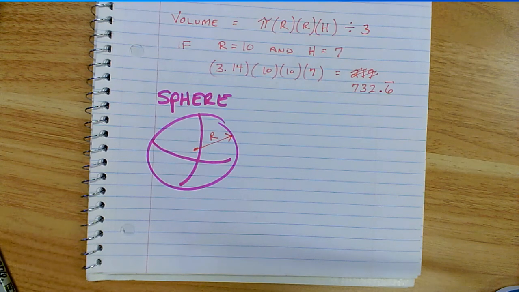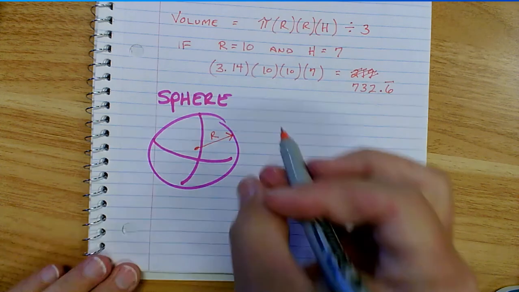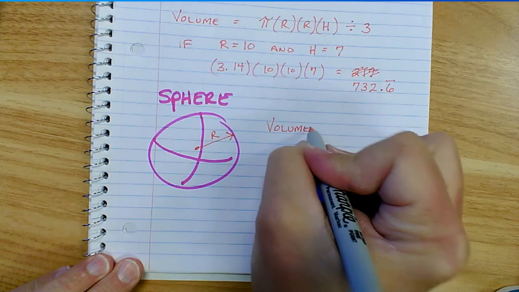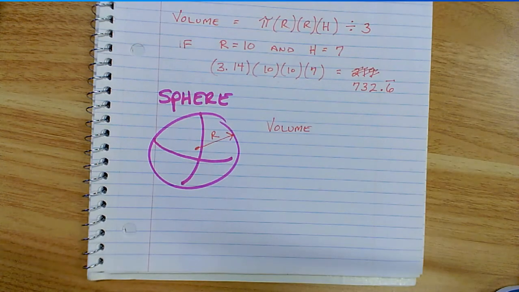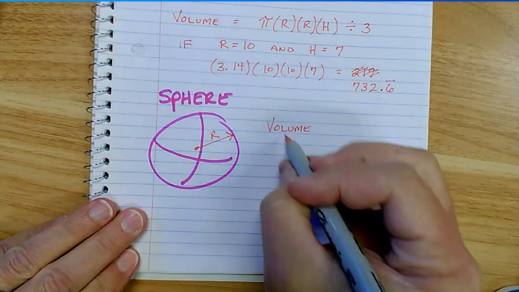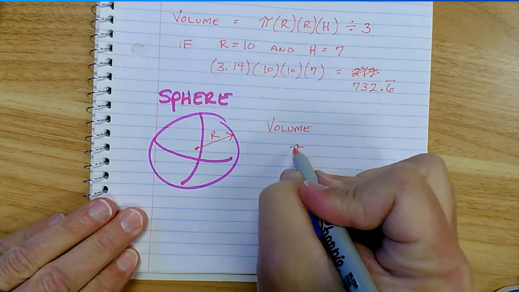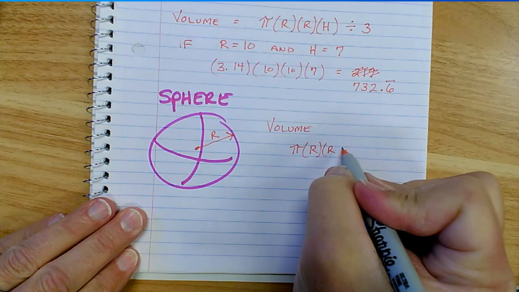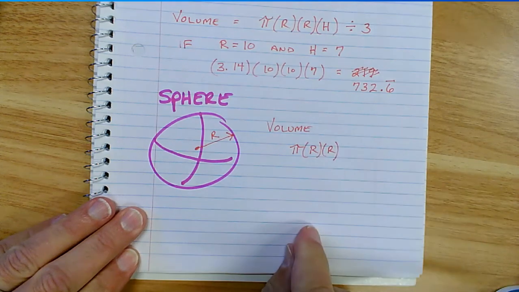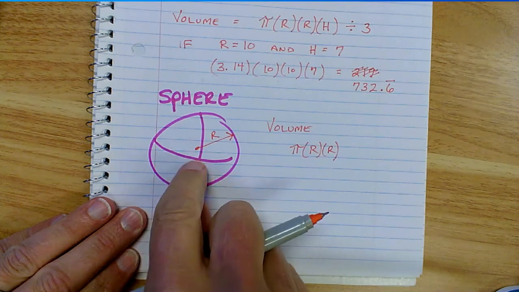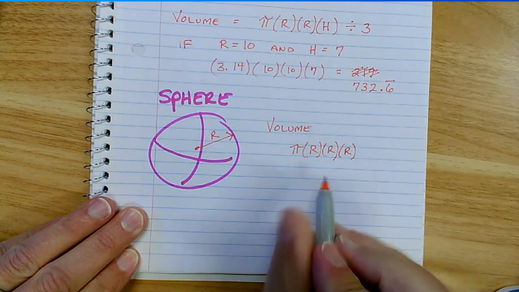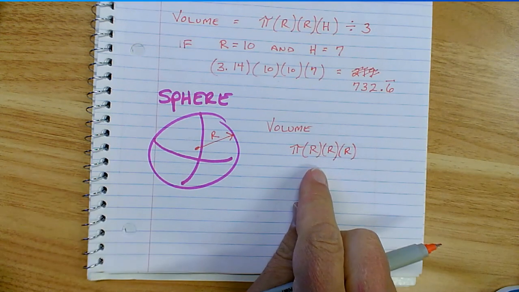So the equation for the sphere actually starts off kind of like the cylinder. Pi R, okay? But now we have the height, but we don't have a height, so what we're going to use is another R. So it's kind of like the sphere.